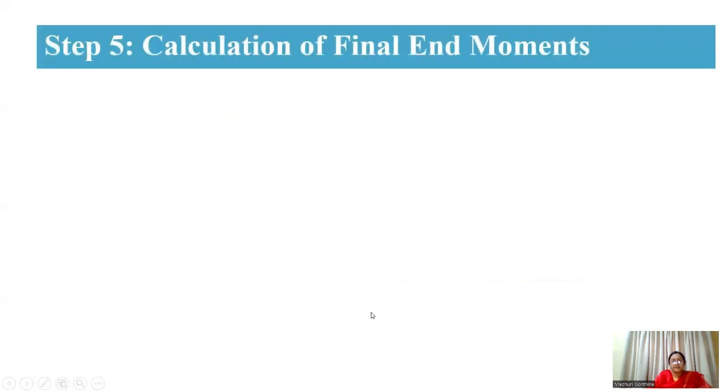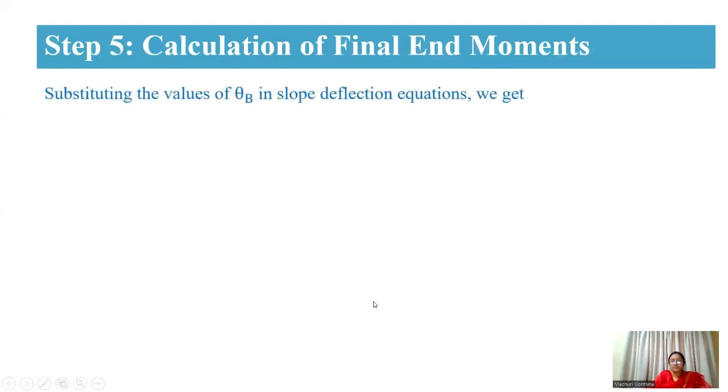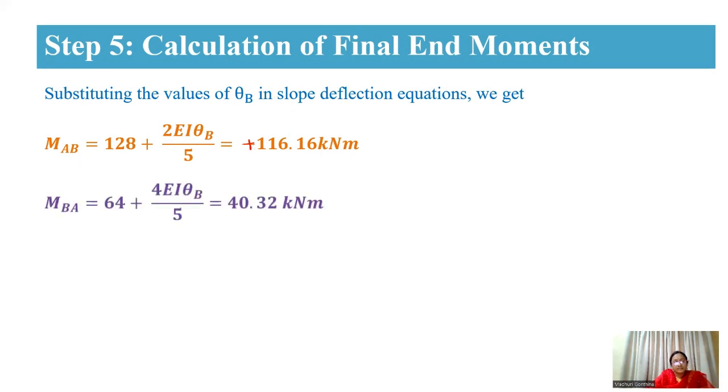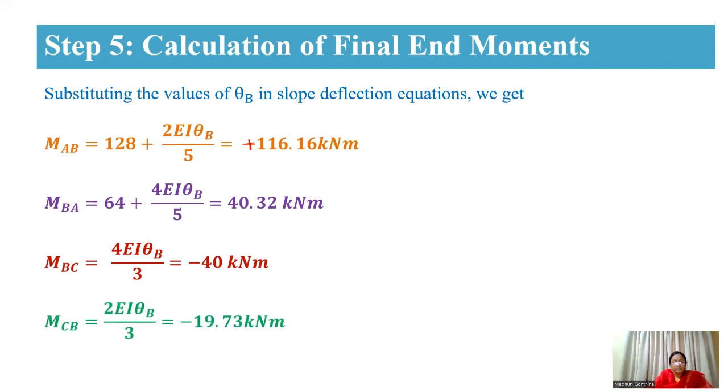And then coming to the calculation of your final end moments. By substituting this theta B value in the slope deflection equations, you are going to get MAB as a positive value of 116.16, MBA is plus 40.32, MBC is minus 40 kilonewton meter, and MCB is minus 19.73 kilonewton meter.